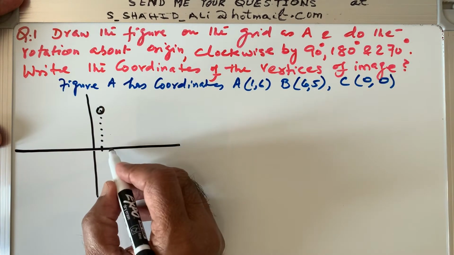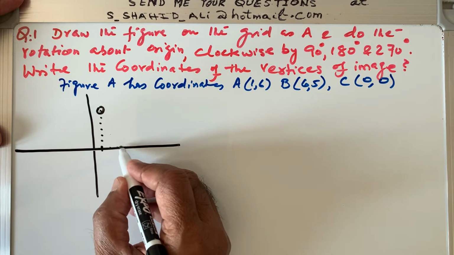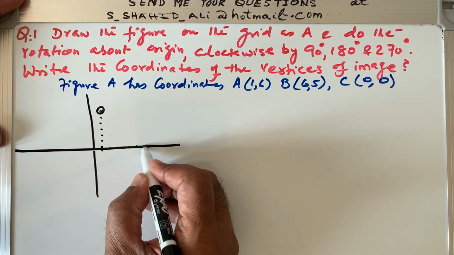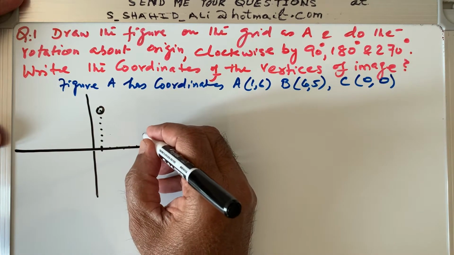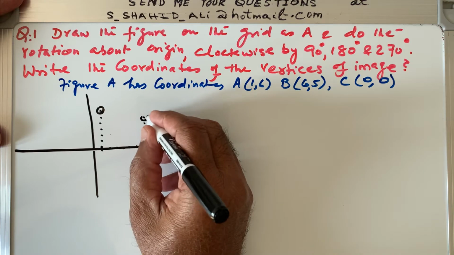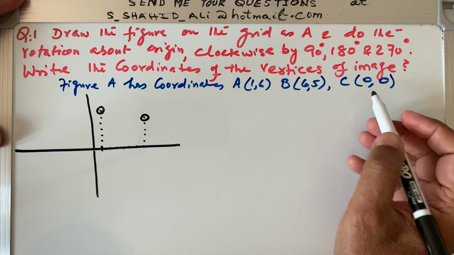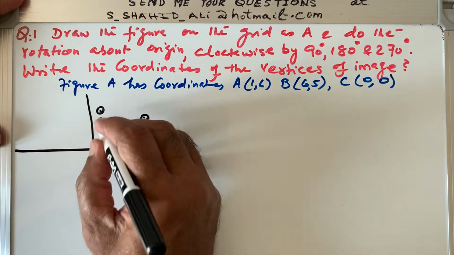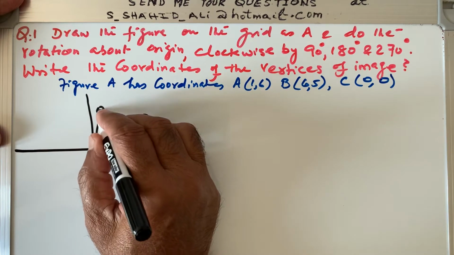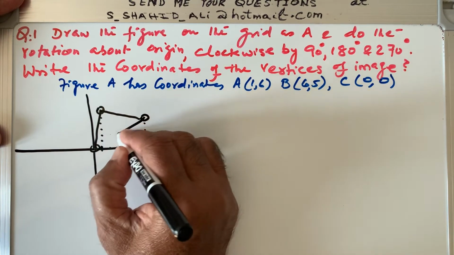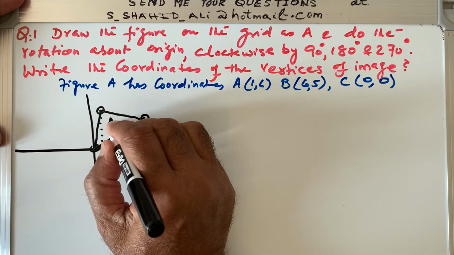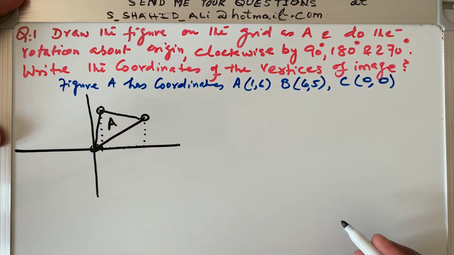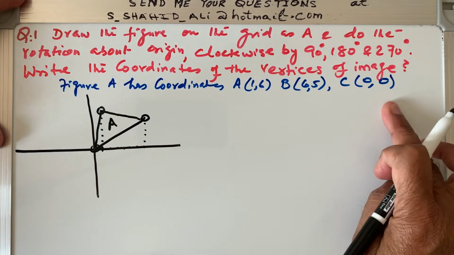Then (6, 5): 1, 2, 3, 4, 5, 6 and 5. I am here, and then (0, 0) is this, right? So this is my third point. So I have a figure like this. This is my picture A or figure A according to the coordinates given.